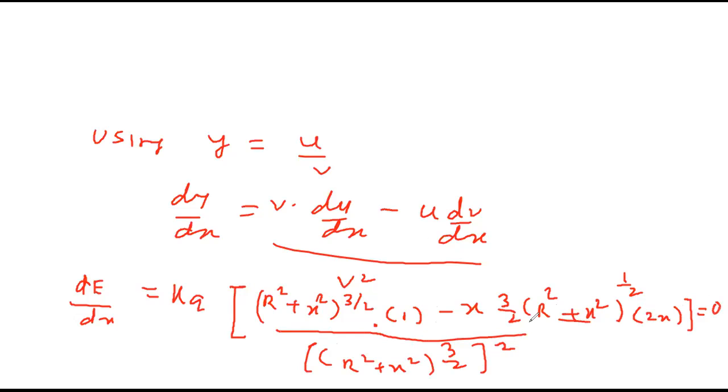Next line, also copy only this much. V into derivative of u, u is x, derivative of v is that 3 by 2, then this power one less, half, x square plus r square's derivative, r is constant, x square is 2x.